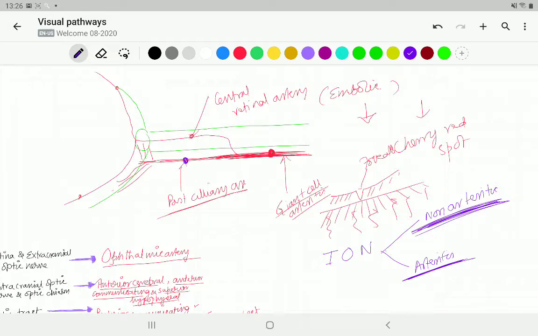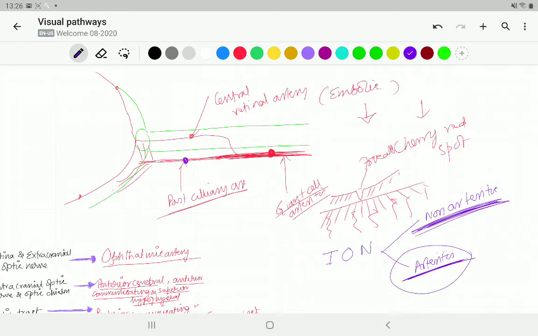So they can present as ischemic optic neuropathy, where the small vessels from the posterior ciliary artery are blocked, and that results in edema of the optic nerve head. So that is the commonest, but arteritis can also present with ischemic optic neuropathy.